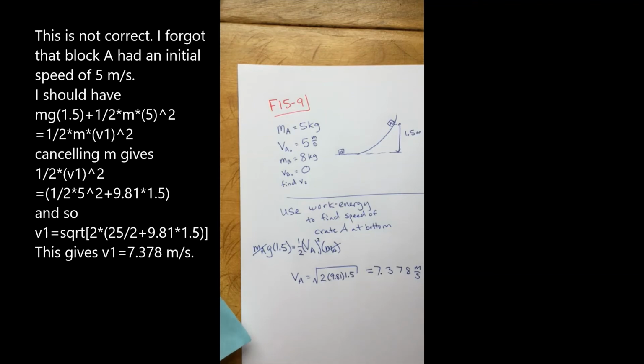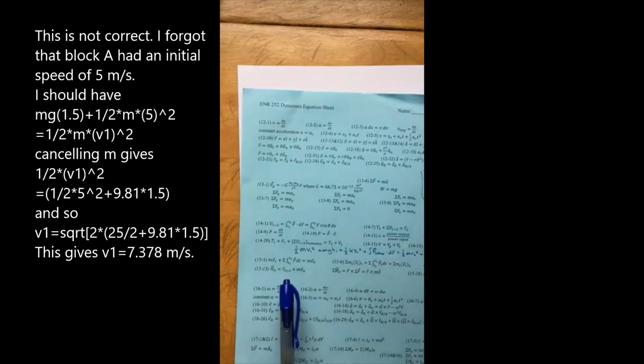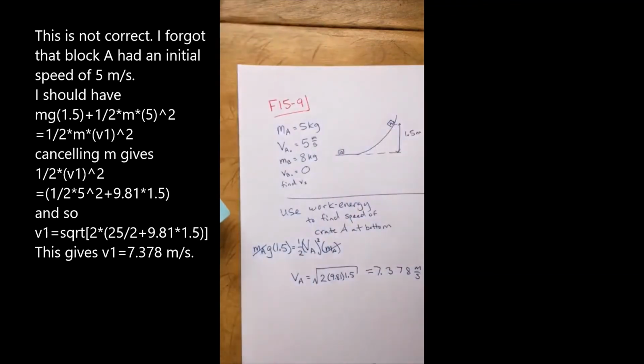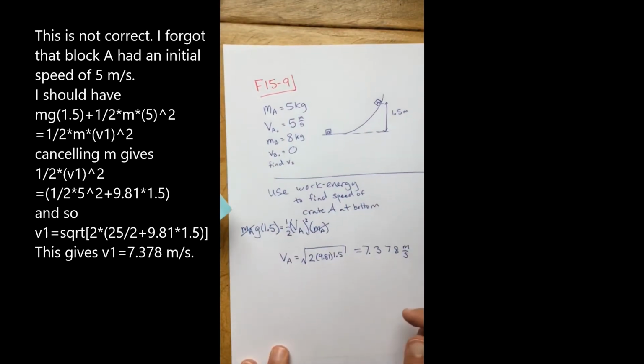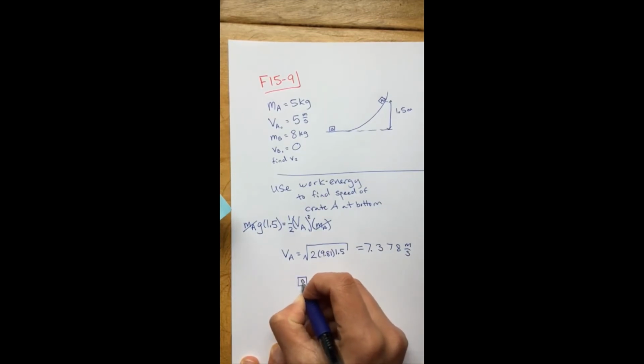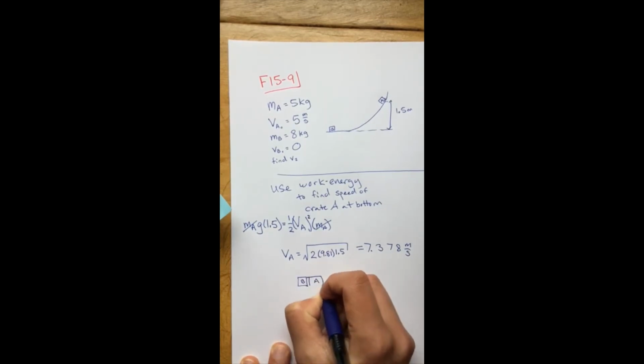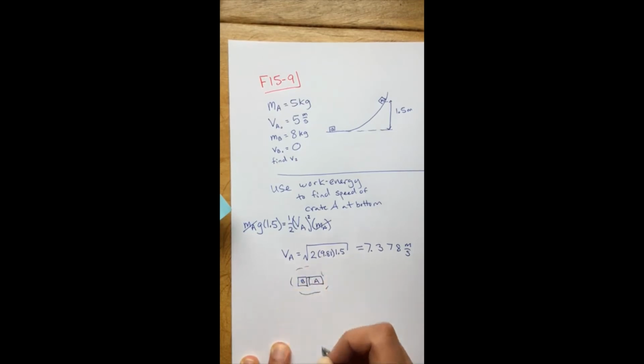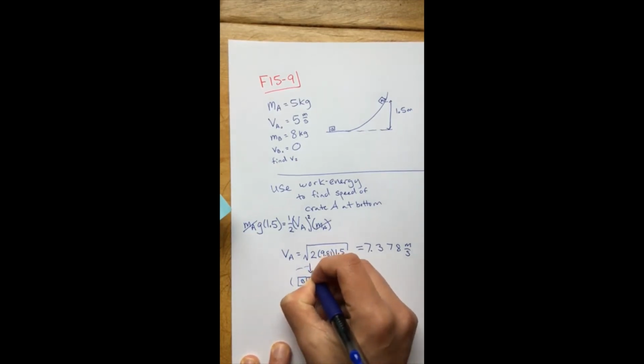For the collision, I am going to use the impulse-momentum relationship, which we have here. And I want to check to make sure that there's no impulse if I have the system of the two crates when they are colliding together. I have the force of gravity acting downwards.